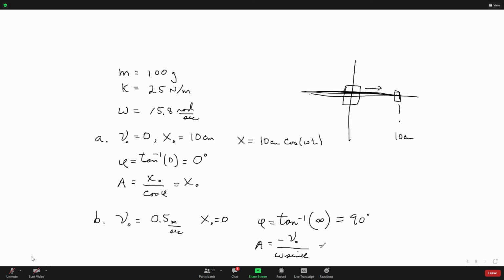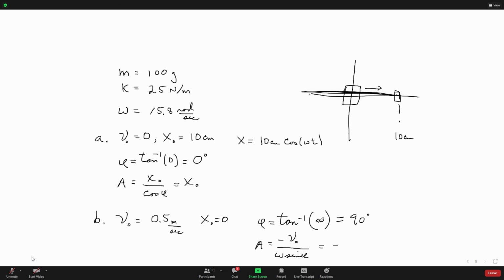So A is equal to minus 0.5 meters per second divided by omega, which is 15.8. So the amplitude is actually very small here, isn't it?